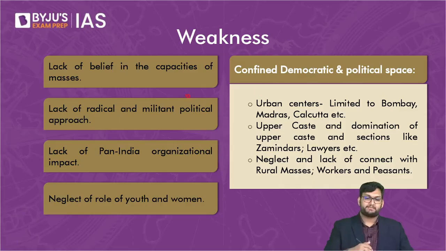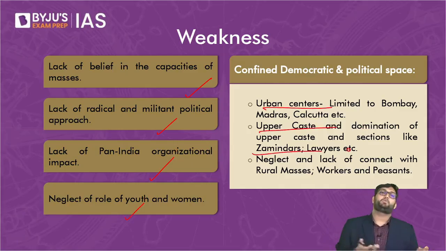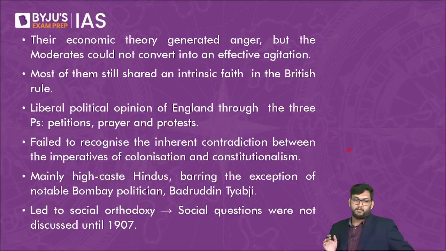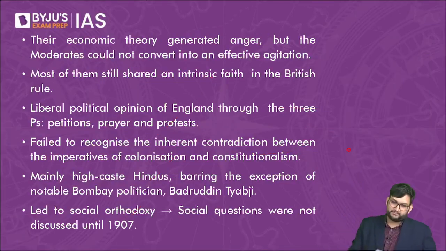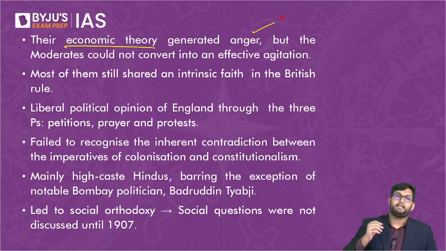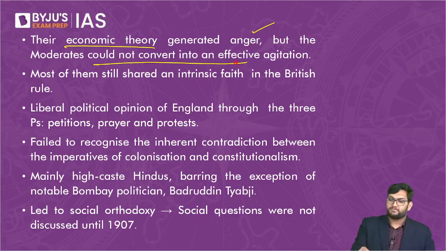What is their weakness? Did not believe in the masses, had no extremist approach, lack of pan-Indian organization, neglect of youth and women, urban-centric upper caste character, zamindars, neglected the rural masses itself. So, very simply, the economic theory generated anger, but the moderates could not convert it. Most of them still had an intrinsic faith in British rule.